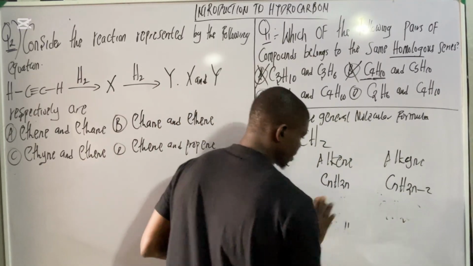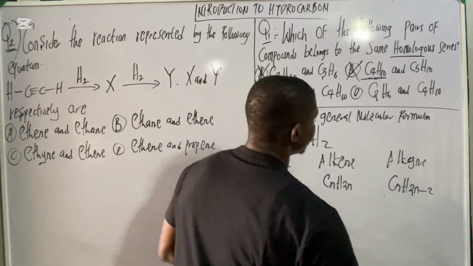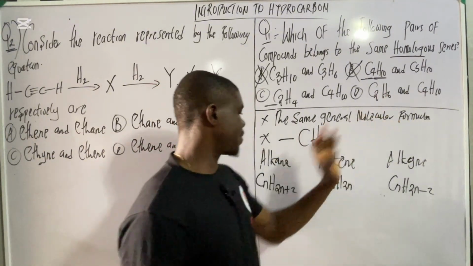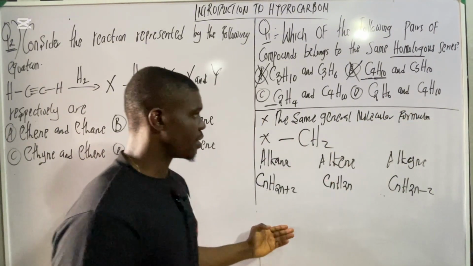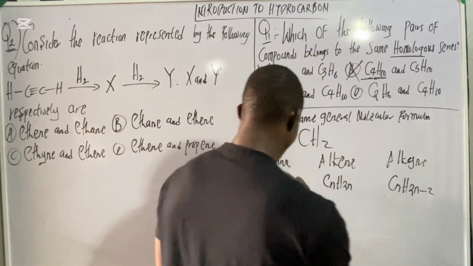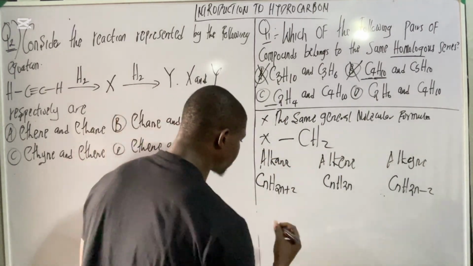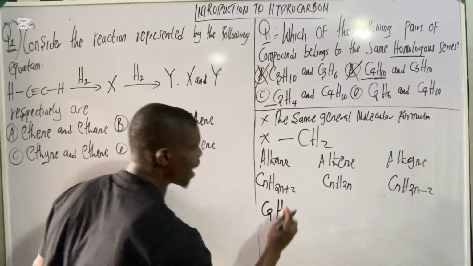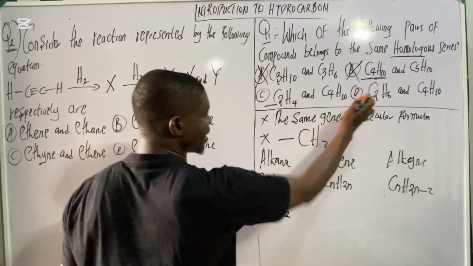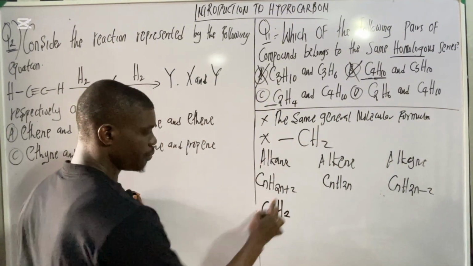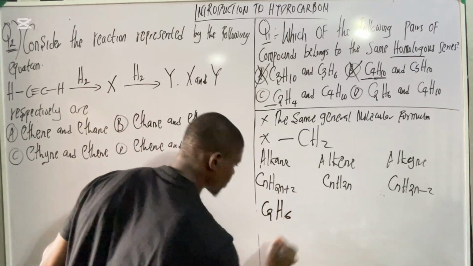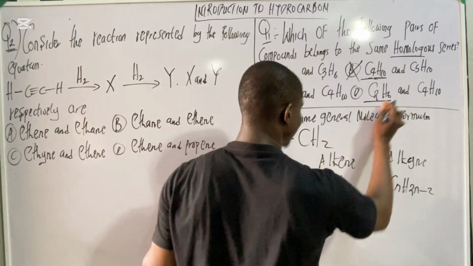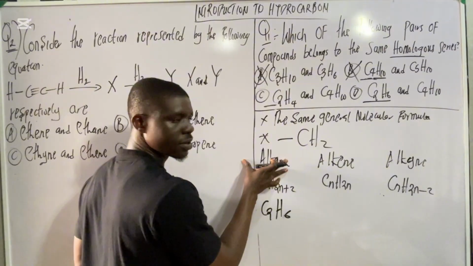Let's test D. If you look at this one, it will fit here, and this one will also fit here. Why? Because if you put 2 here, what are you going to get? C2H, 2 times 2 is 4, plus 2 is going to be 6. So this one is an alkane, right?